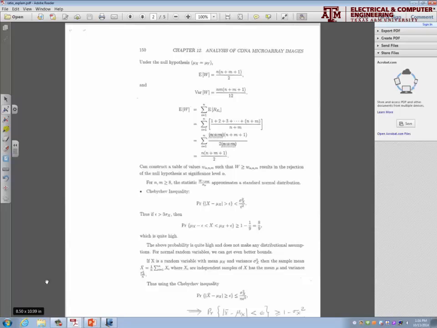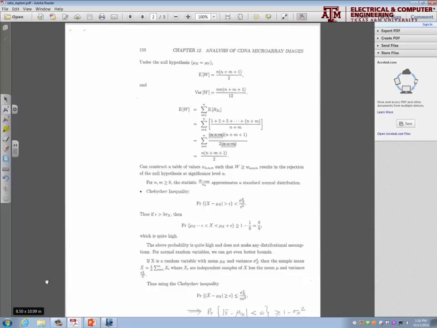So that's pretty high, and this is independent of any distributions. If you make distributional assumptions, you'll be able to do better. So independent of any distribution, within 3 standard deviations of the mean, you're going to have almost 90% of the probability mass. For normal random variables, you can get even better bounds.